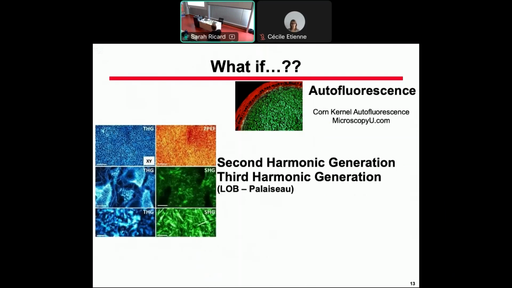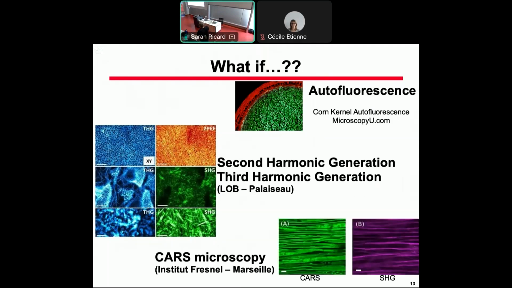If you switch to femtosecond lasers, powerful, very fast lasers, you can induce optical phenomena like second harmonic generation, third harmonic generation, which gives you information about the structure of what you are observing, because the conditions for both second harmonic generation and third harmonic generation are very sensitive to the structure. Not so bad.